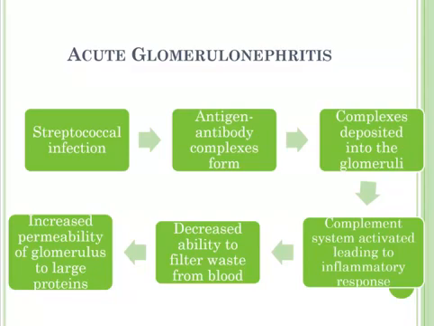So now my body is not able to filter waste products from the blood, and my glomerular filtration rate is going to decline. Additionally, all the stuff that was supposed to stay in the bloodstream, most of it gets dumped into the filtrate. So we're going to see protein getting dumped into the urine because we've increased the permeability of the glomerular membrane.